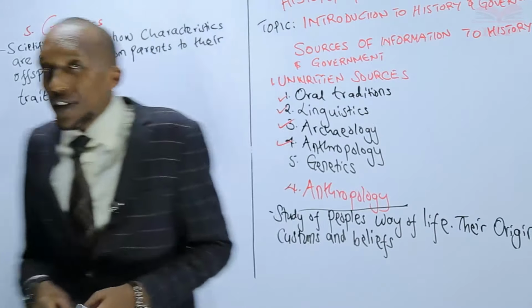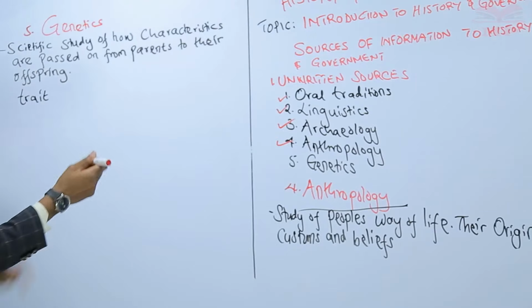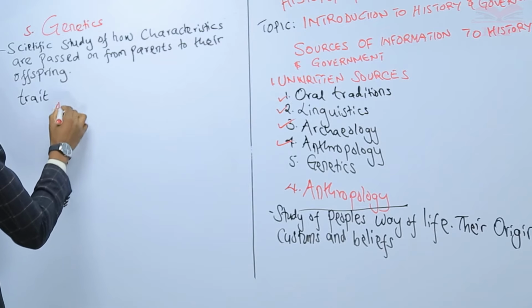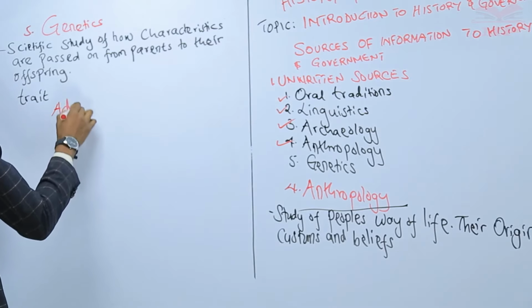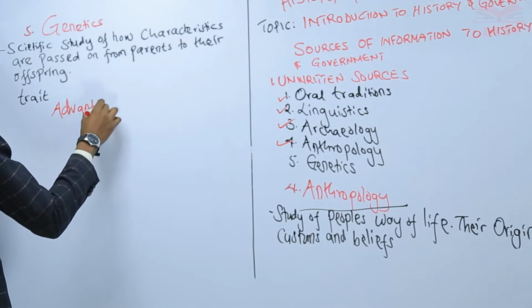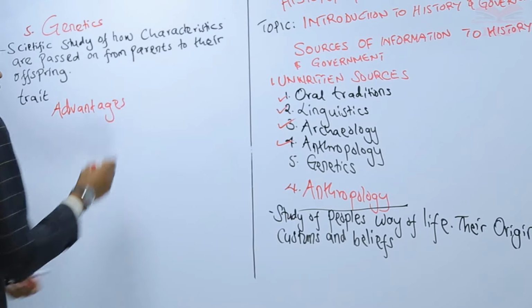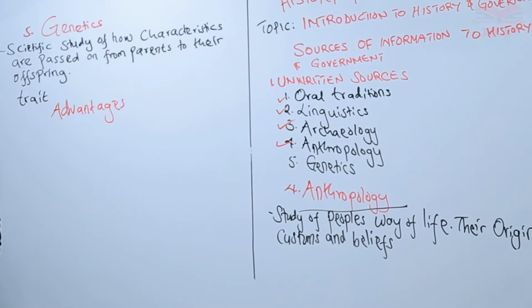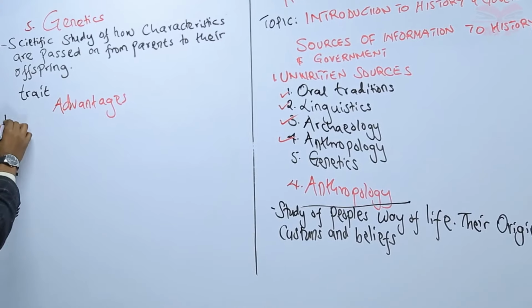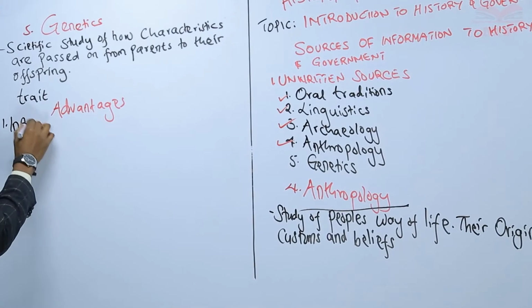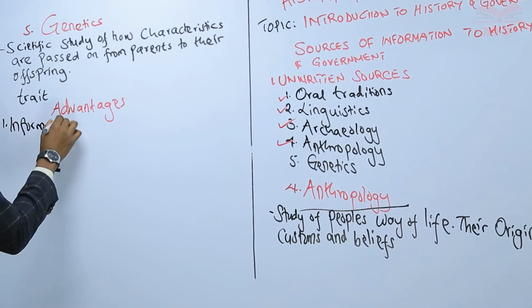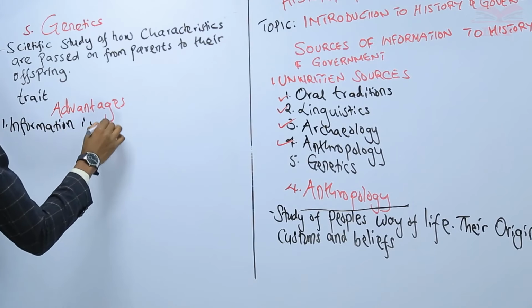So what are the advantages of using genetics as a source of information? The first one: information is accurate.